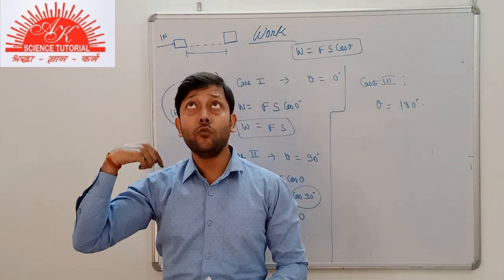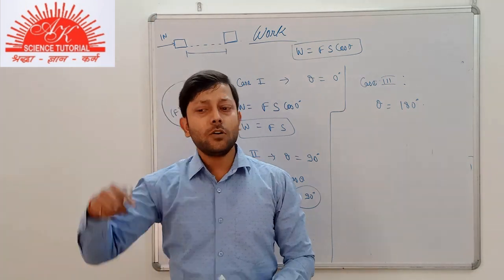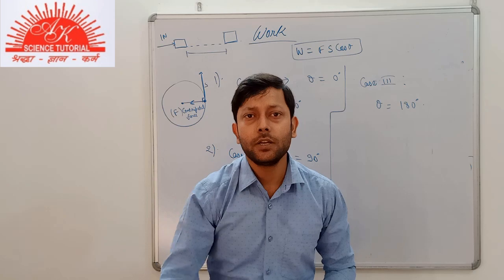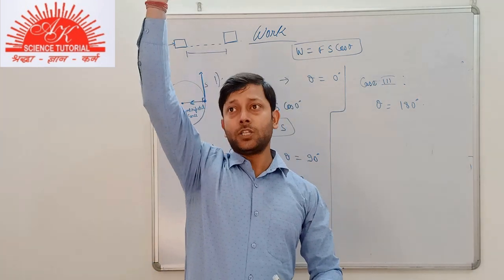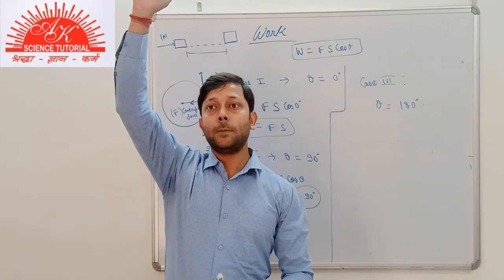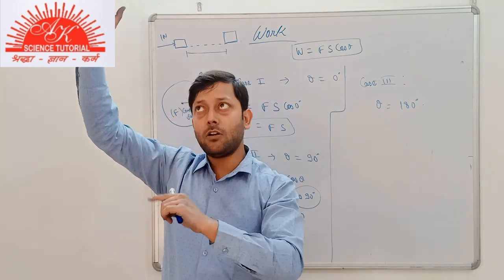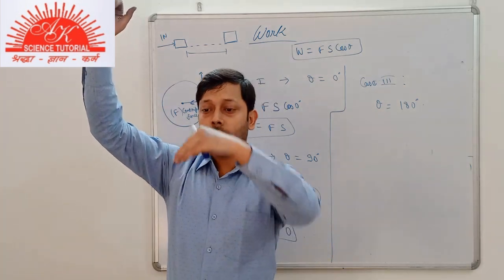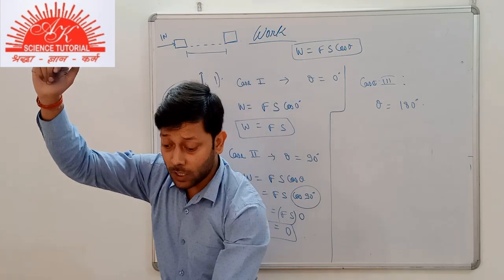So in this case, we are doing some work on the ball. But what about the work done by force due to gravity? Think over it. You threw the ball in upward direction. The ball is moving in upward direction. But the force due to gravity is always acting on the ball, on any body.